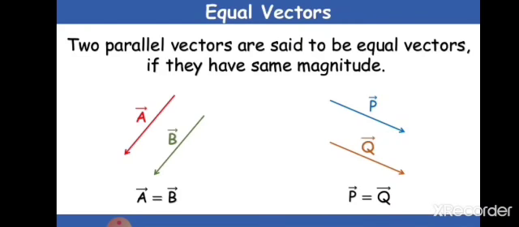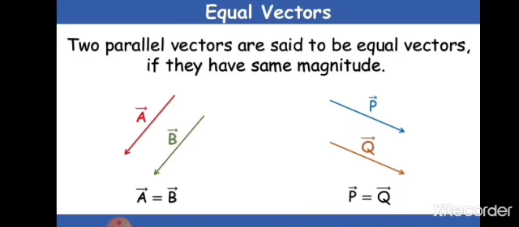So here, for equal vectors, the two vectors should have the same magnitude and they have to move in the same direction because these are parallel vectors. Parallel vectors move in the same direction.